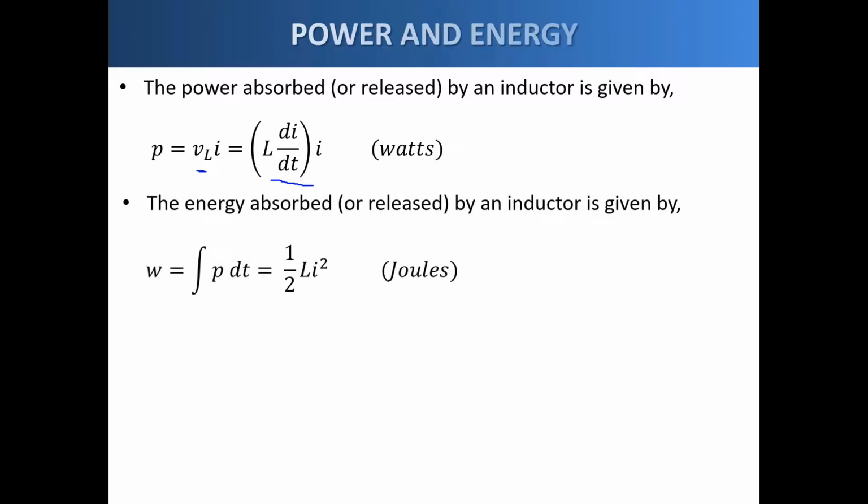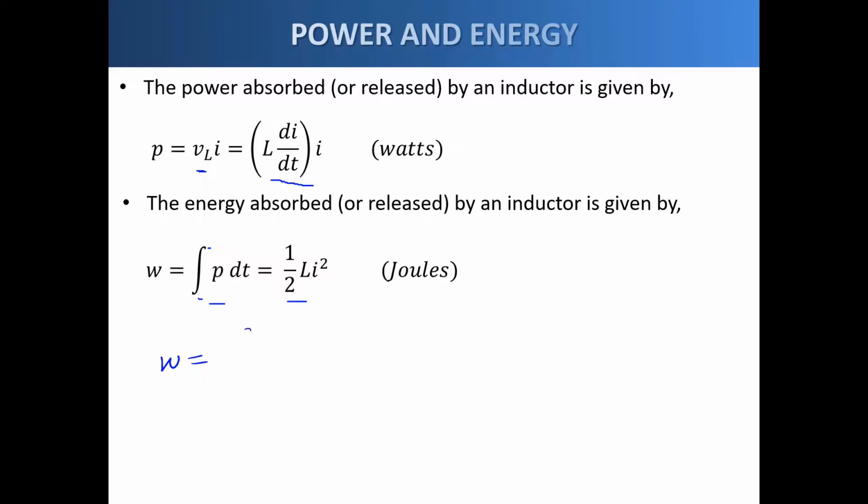For the energy absorbed or released by the inductor, we could integrate the equation of power from one time instant to another time instant. That would give us an equation which is 1/2 Li squared. So how was this derived?